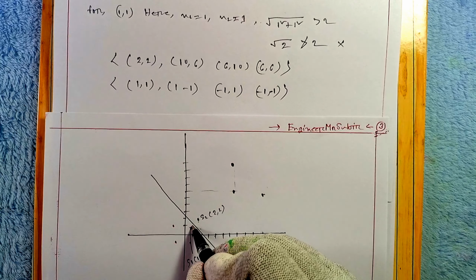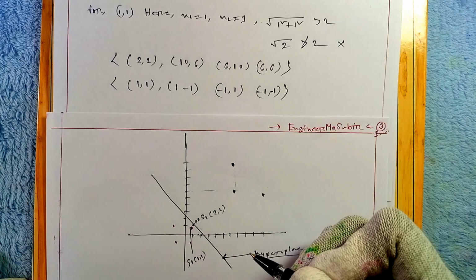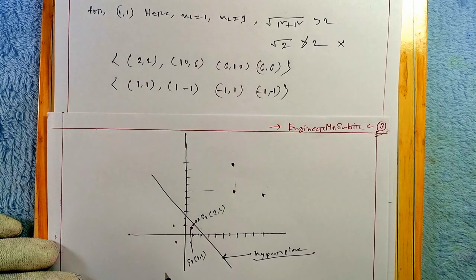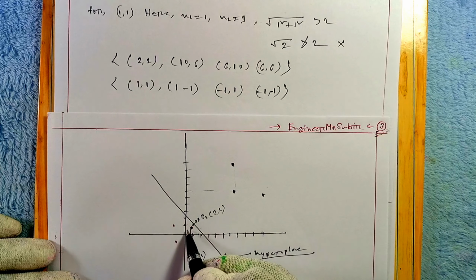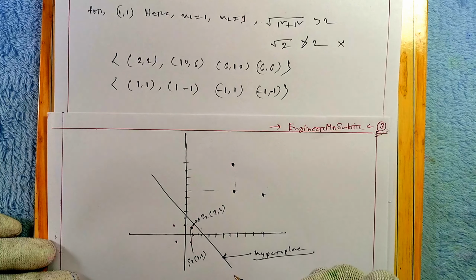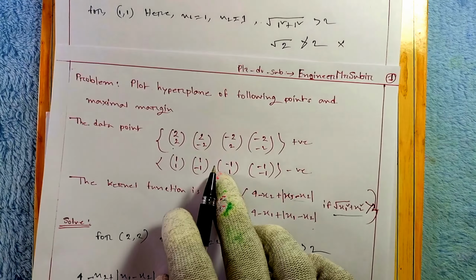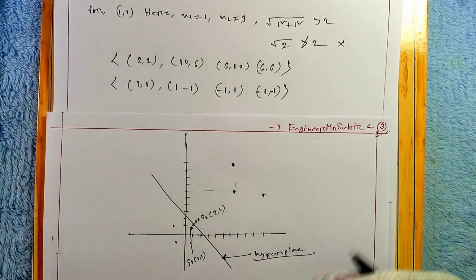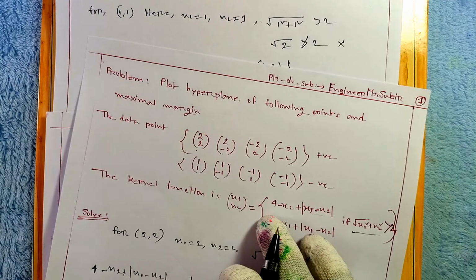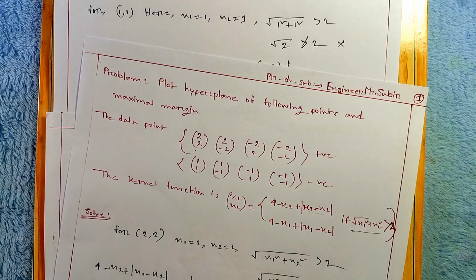Maximum margin means this distance. If the question is only to plot the hyperplane for the following points, then this is the answer. And if there is something else like maximum margin, then you have to continue.